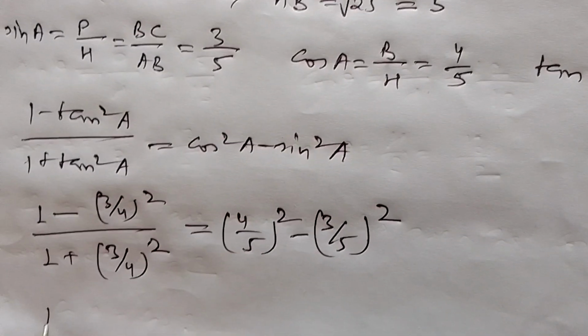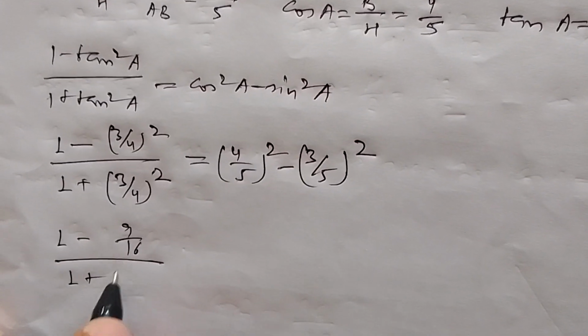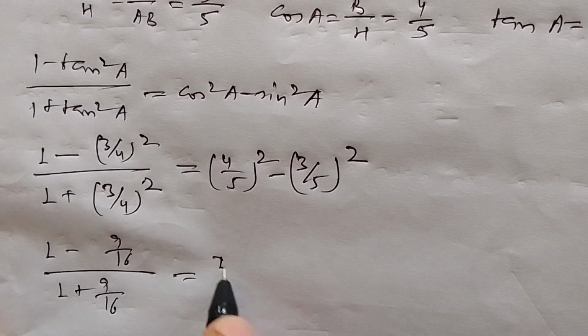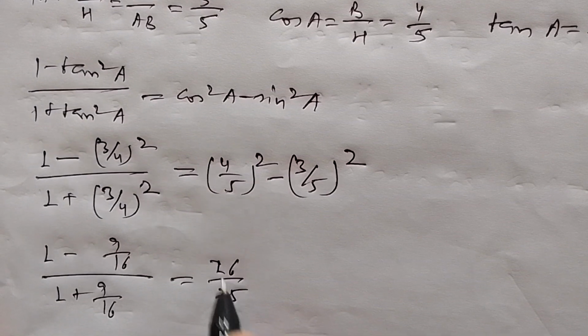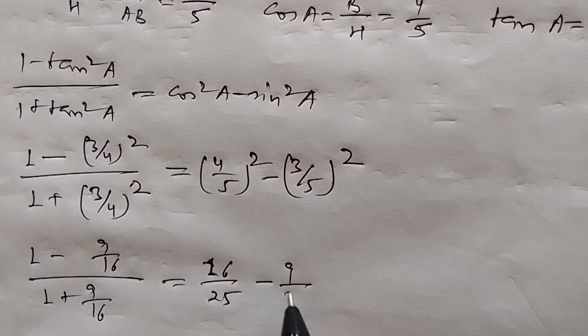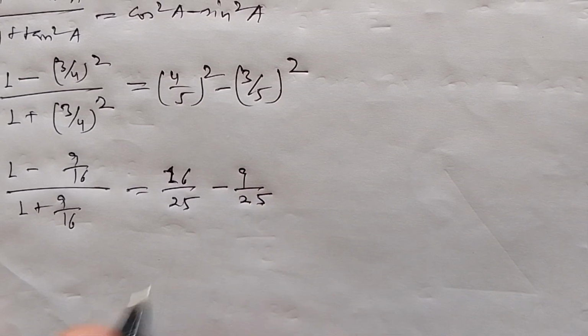On calculating we get 1 minus 9 by 16 divided by 1 plus 9 by 16 is equal to 16 by 25 minus 9 by 25.